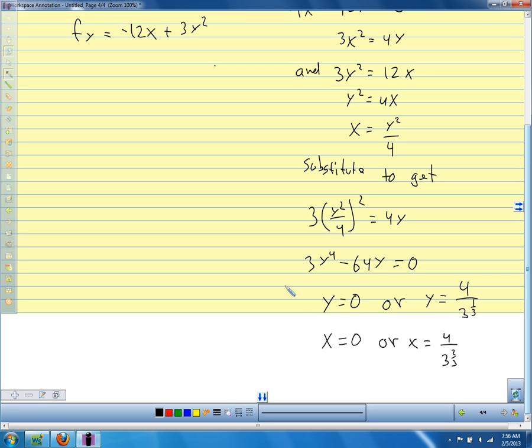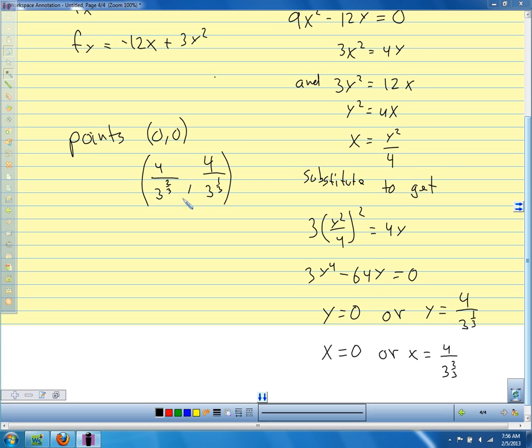So our points are 0, 0, and 4 over 3 to the 2/3, comma, 4 over 3 to the 1/3. So we're going to have a maximum or a minimum at 0, 0, and at these 2 points.